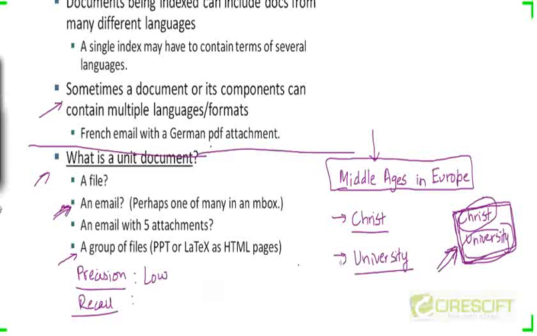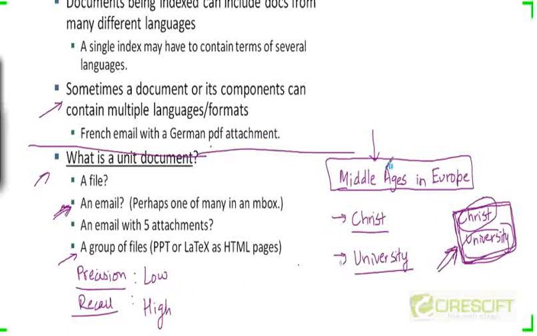So the precision would be low, but the recall would be high, because if a document is relevant to you, if there is a document referring to Christ University, it's definitely going to be in the result. The problem is that it's not just these kinds of documents that will be in the result.